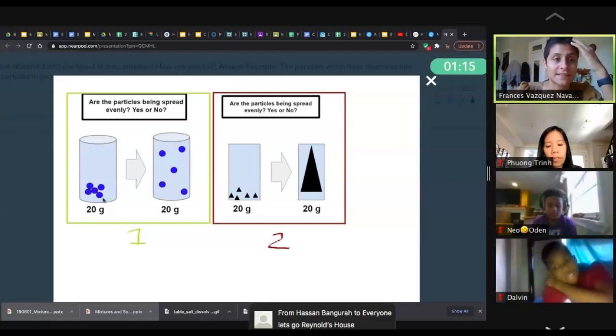No, the question is which particles have been dissolved into the liquid in the container? Which particles have been dissolved and how can you tell?